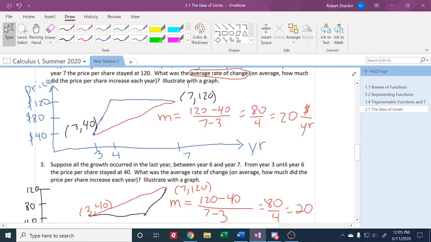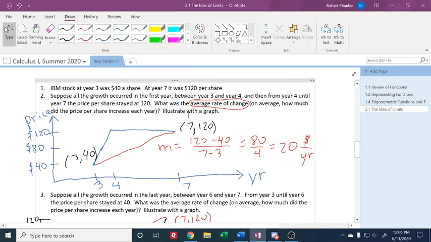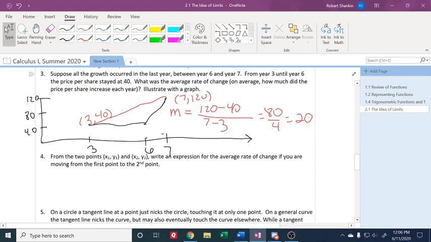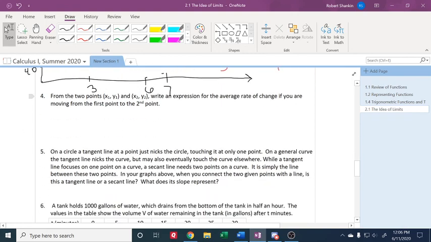We could have had even stranger situations where IBM stock went up to $200 a share and then went back down to $120 a share. And your average rate of change from year 3 to year 7 would still be $20 per year. We don't care how you got there. We just care what the beginning point was and what the end point was when we're talking about average rate of change.